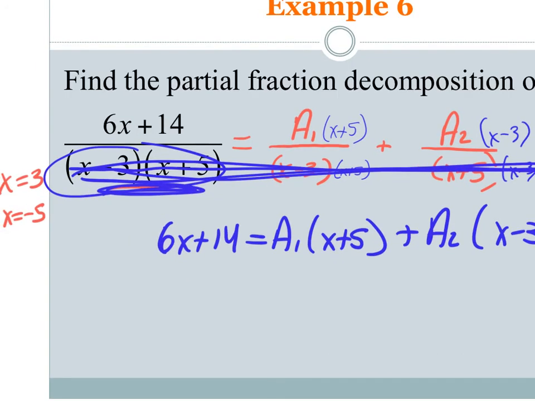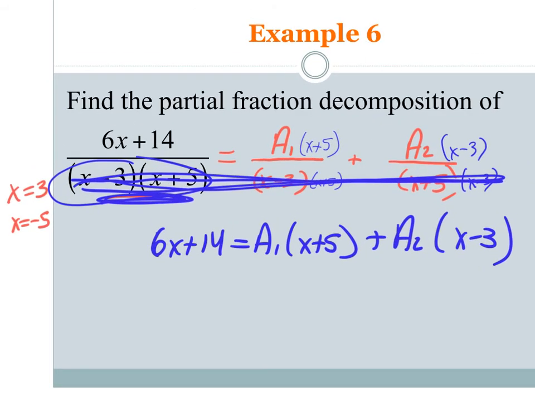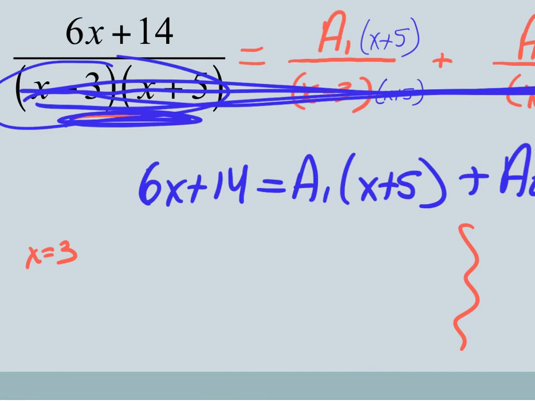So over here, I'm going to plug in x is 3. Okay? So we have 6 times 3 plus 14 equals a sub 1 times 3 plus 5 plus a sub 2 times 3 minus 3. So just simplify. What's 6 times 3?